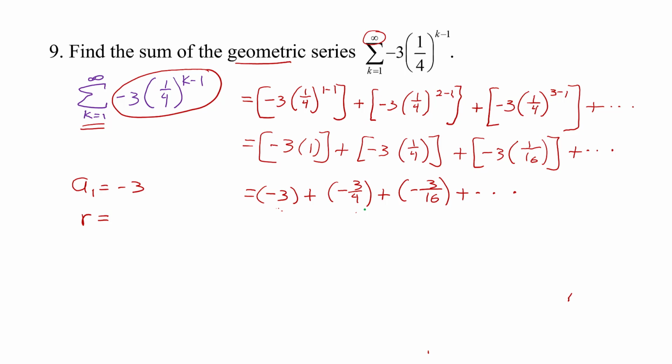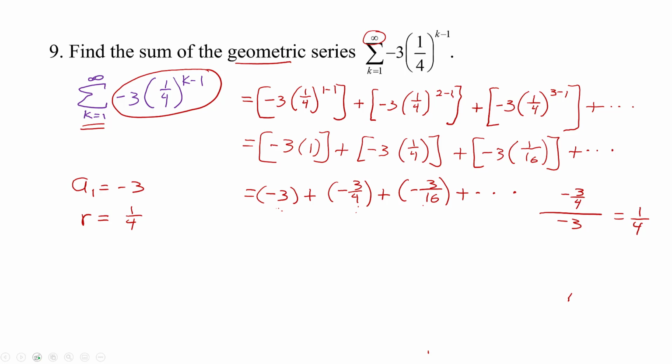You can see that the common ratio is going to be 1/4, also going from the second to the third term here. If you wanted to find that, just take any term and divide it by the previous term. Negative 3/4 divided by negative 3 would be negative 3/4 times 1 over negative 3, and we'd end up with positive 1/4 there. So we can see the common ratio is 1/4.